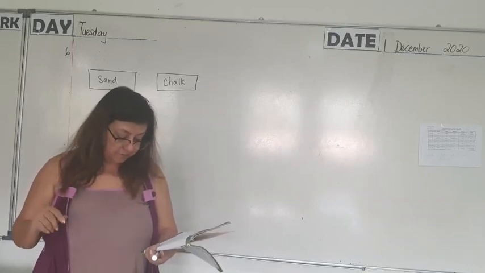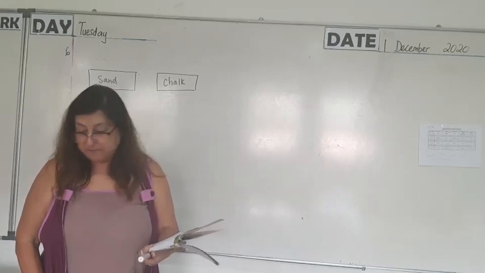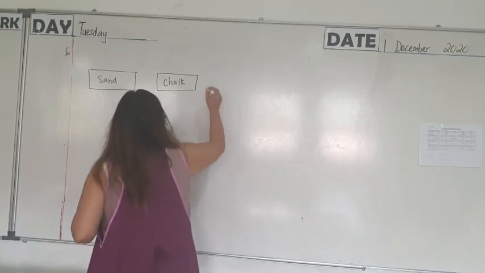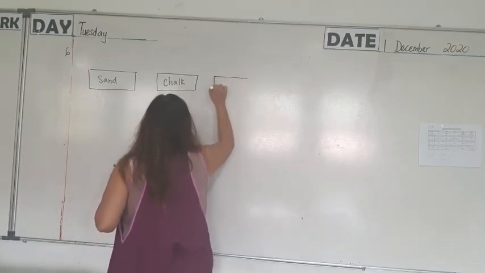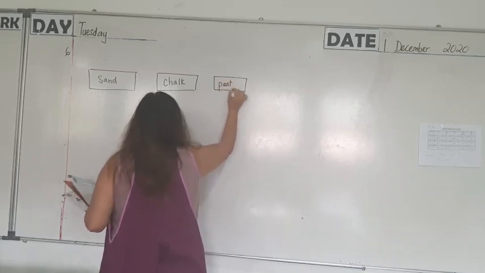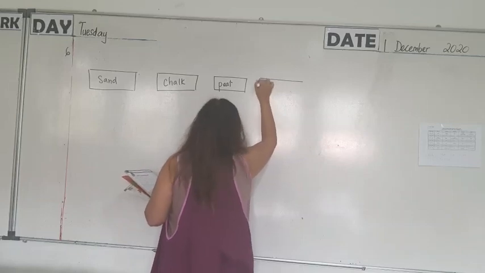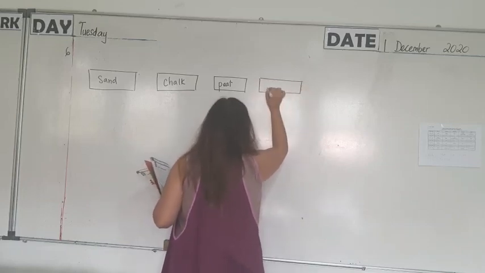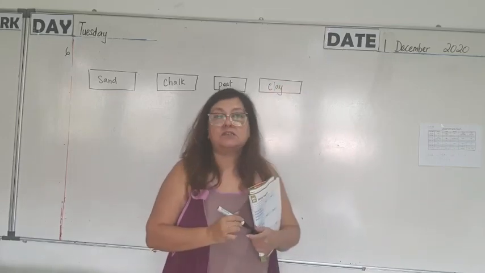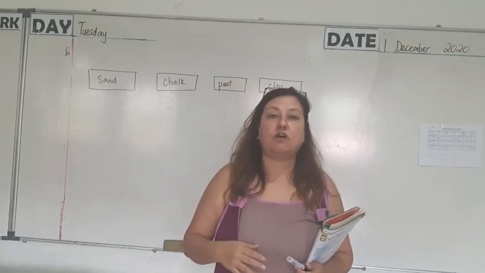No. N means no. Does it contain lots of plant remains? For yes, it is peat. So number 3 box is peat. Peat is not light colored and it contains a lot of plant remains. Alright, and the last one is clay. Clay is not light colored and it does not contain a lot of plant remains.